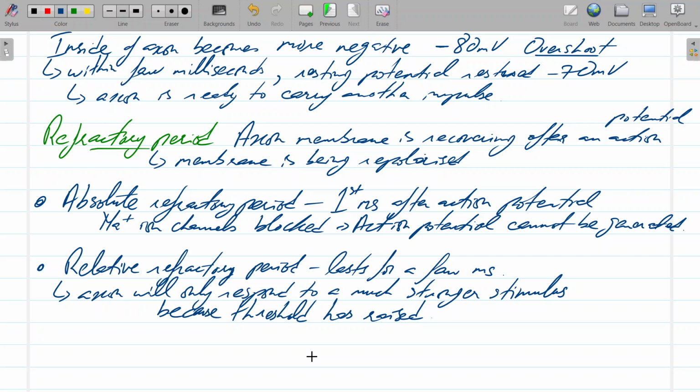And so during this time, the voltage dependent potassium ion channels are still open.